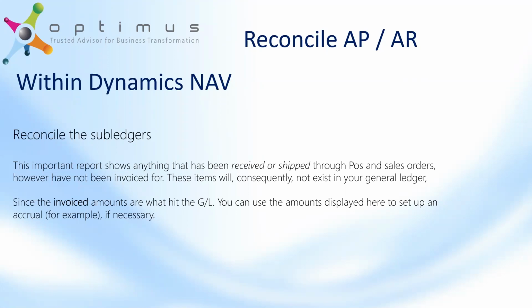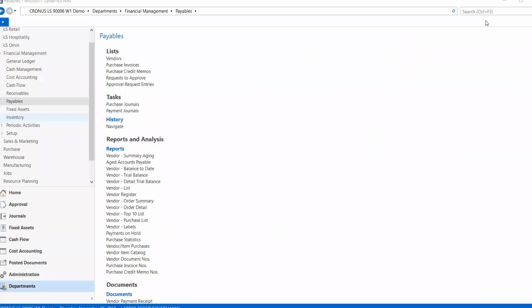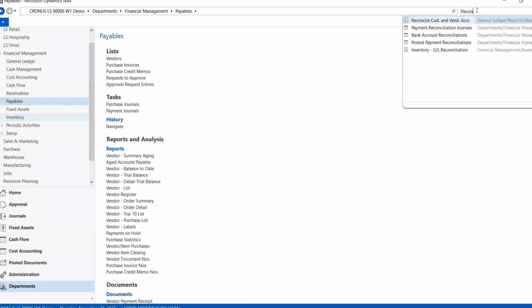Since the invoiced amounts are what hit the GL, you can use the amounts displayed here to set up an accrual when necessary. Now, for us, it is important as well to reconcile.